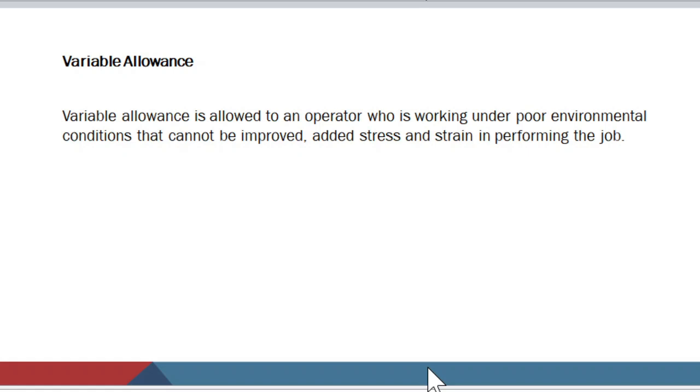For the variable allowance, it differs; it depends on the organization. There are a lot of companies whose conditions are not really good or conducive to working. So for variable allowance, it depends on the company how much percentage they will give.